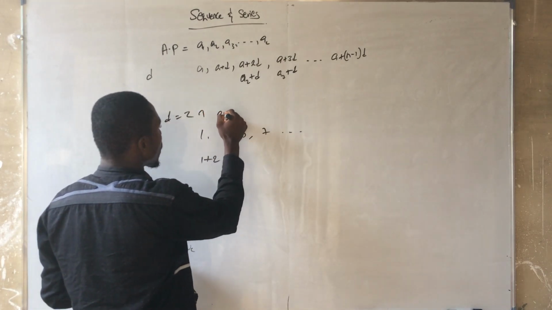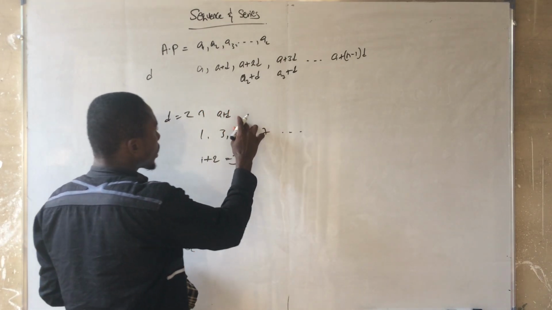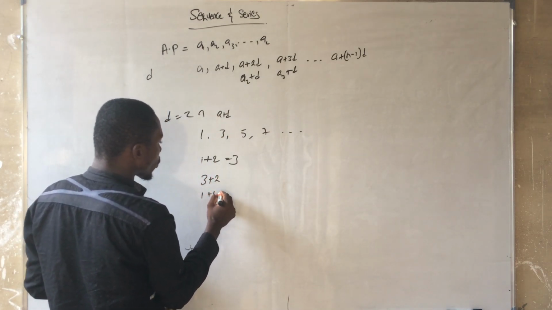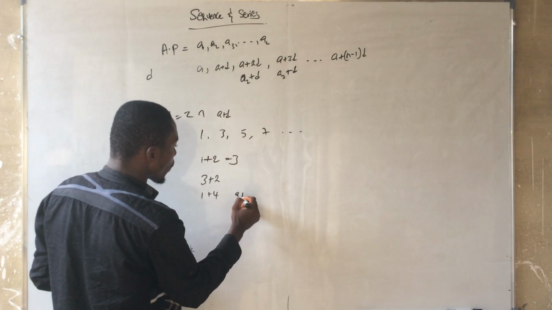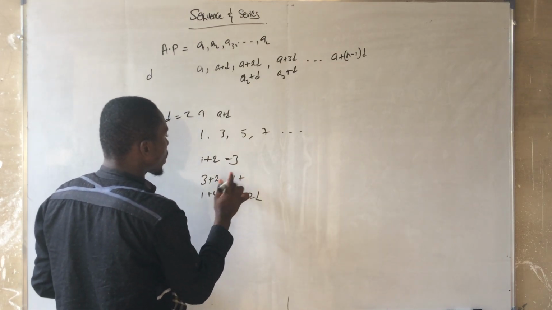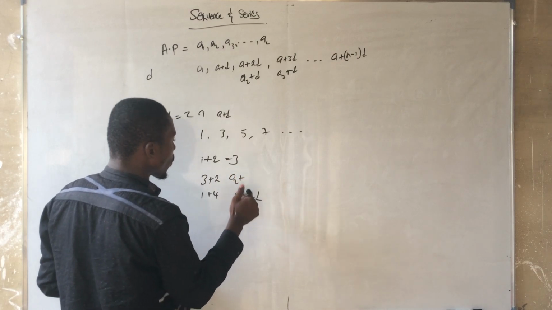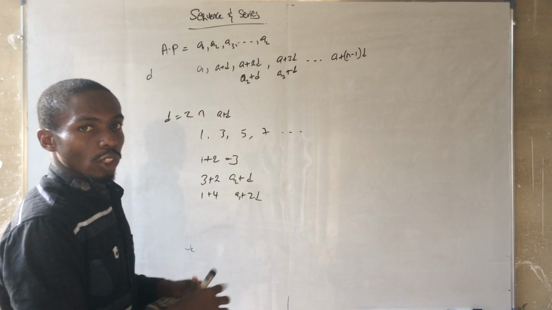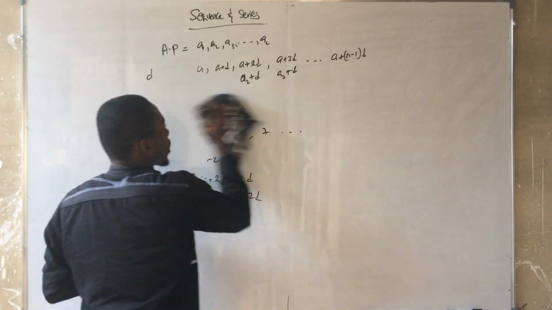Here is A, and here is A plus D. To get this one, you have either 3 plus 2 or 1 plus 4. So this is A1 plus 2D, while this one is A2 plus D. That is all I'm trying to explain here.